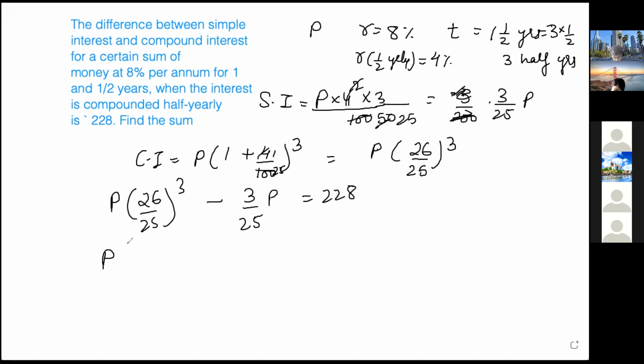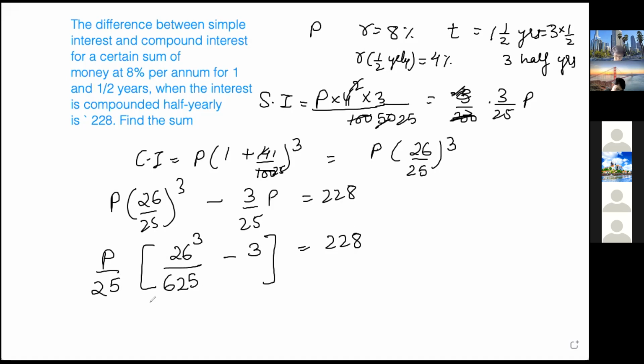We'll take P by 25 out common. So here it becomes 26 cube upon 625 minus 3 is equal to 228. Okay. So let us find out 26 cube, how much is it? Can you find out? Please find out 26 cube.